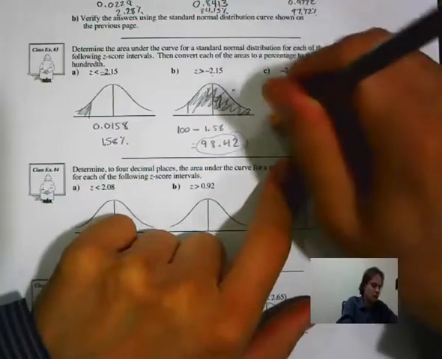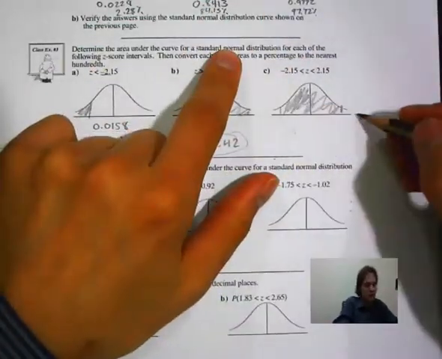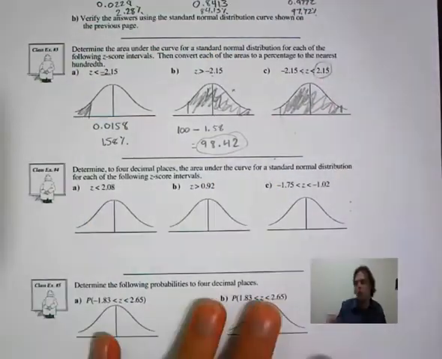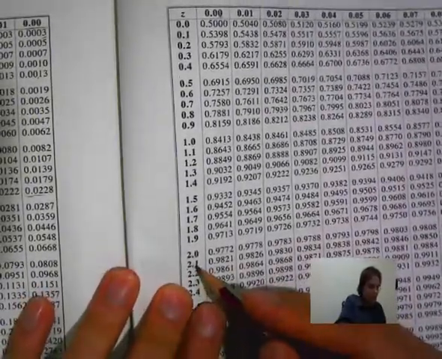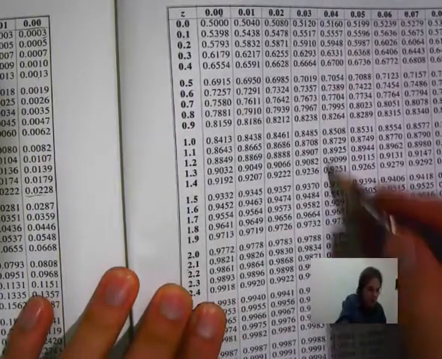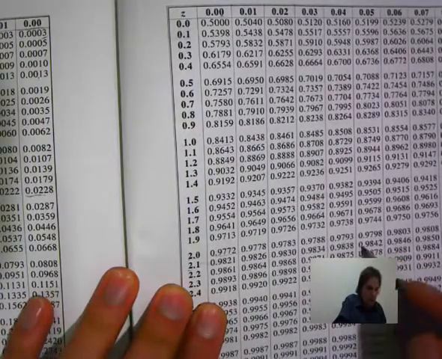From here all the way to here is 98%. But now we're missing this negative 2.15. So how much are we missing? Let's see. 2.15: 2.1, go all the way over to 5. I'm at 4. 2.15 is right here. I get 98.42.